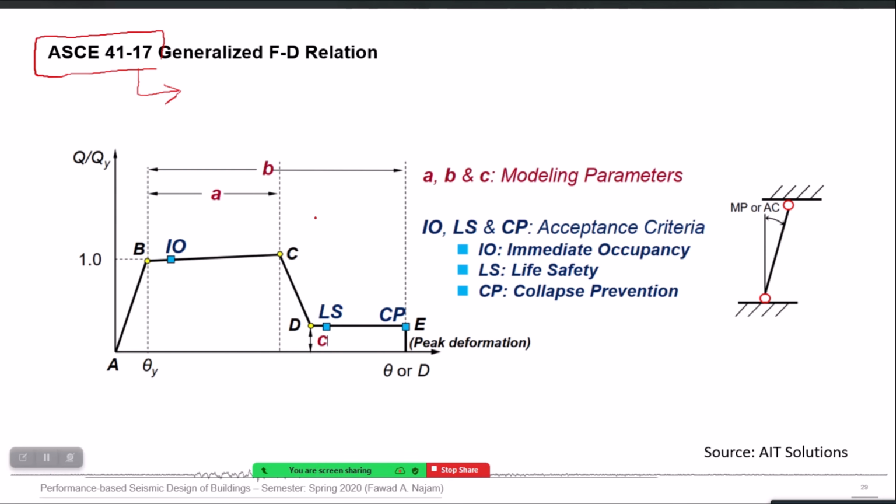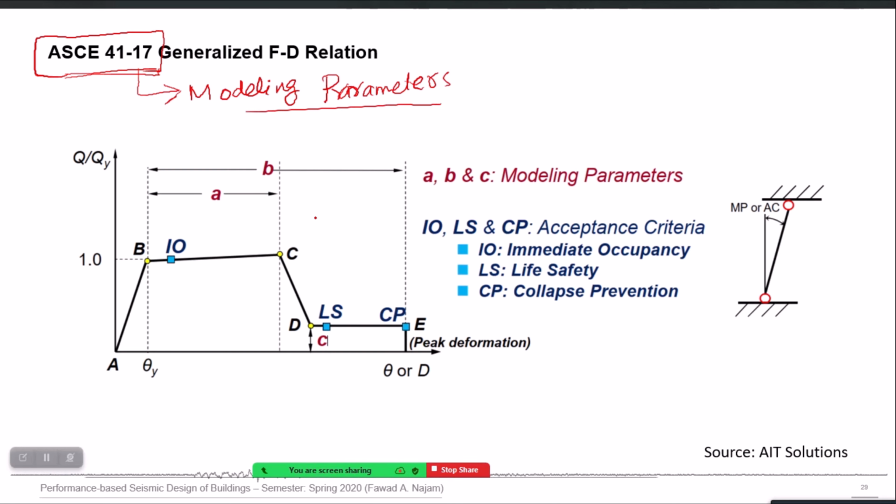So one easy approach is to follow ASCE 41 and get the modeling parameters, which means the actual moment versus rotation behavior, or any action versus deformation behavior which you want to make nonlinear in the computer program.